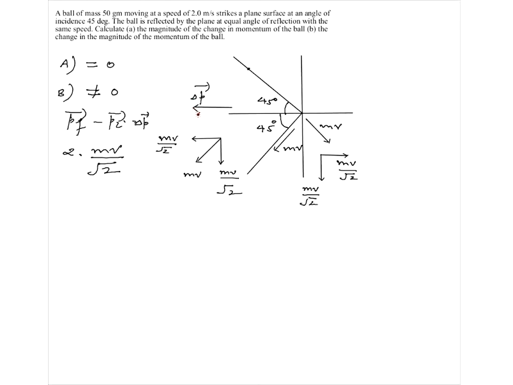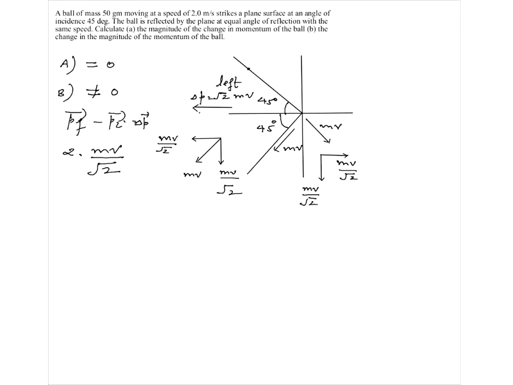In this direction, answer would be root 2 mv in the left direction. Direction I've already shown here, left. So delta p is root 2 mv to the left.